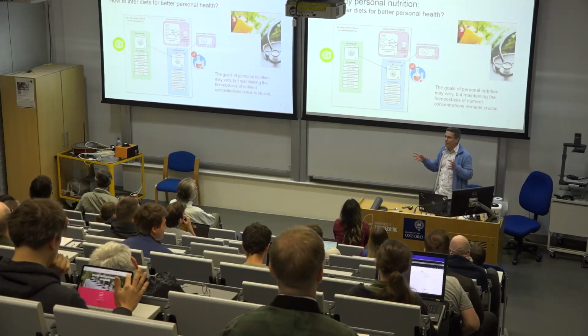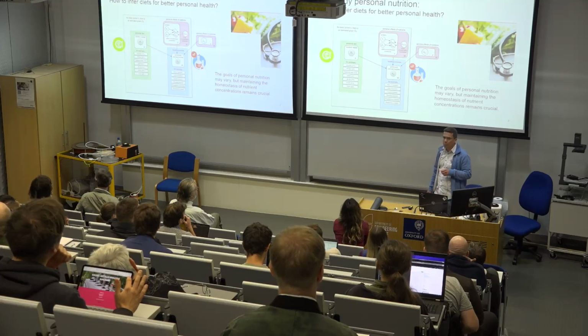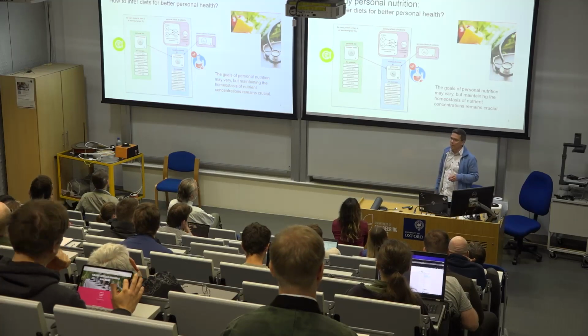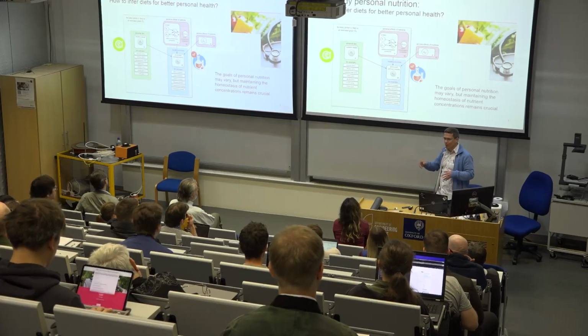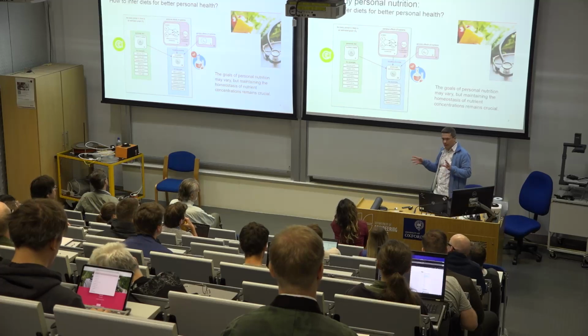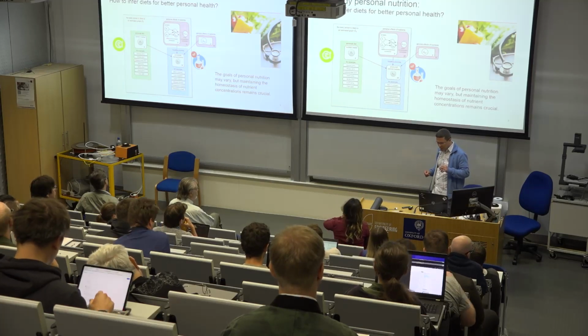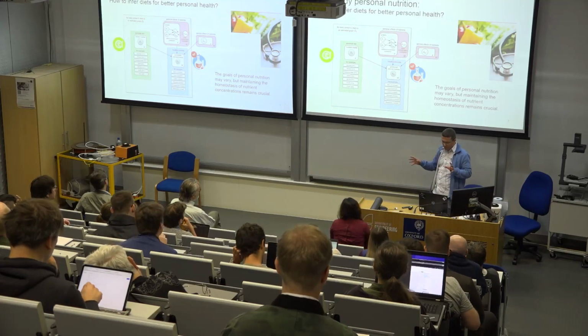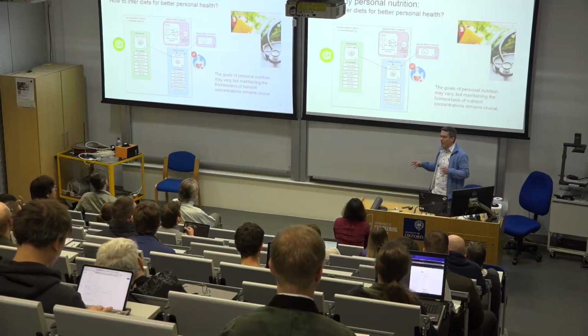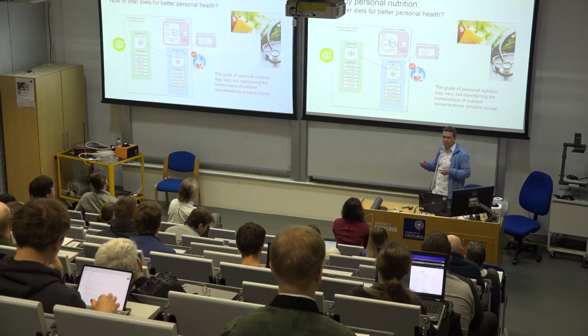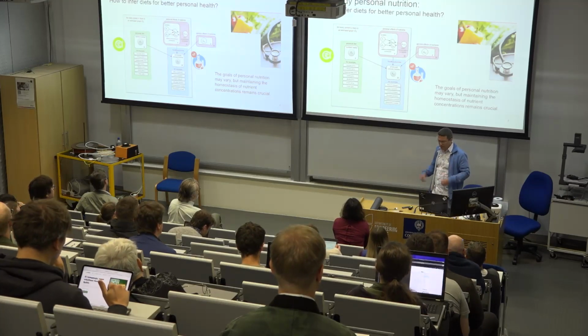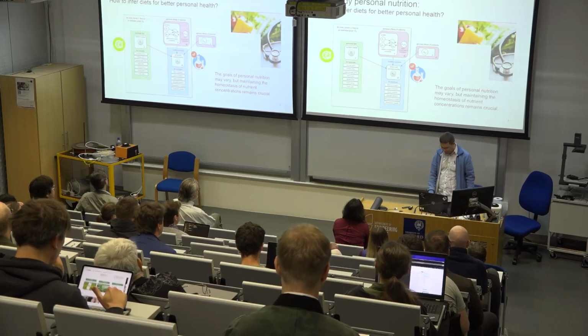And of course, there might be different goals for the personal nutrition. You may want to gain muscles or lose weight or whatever, but nevertheless, the homeostasis, the balance of the concentrations, it's important anyway, and it's a good measure of health, and that's the response we are looking for.